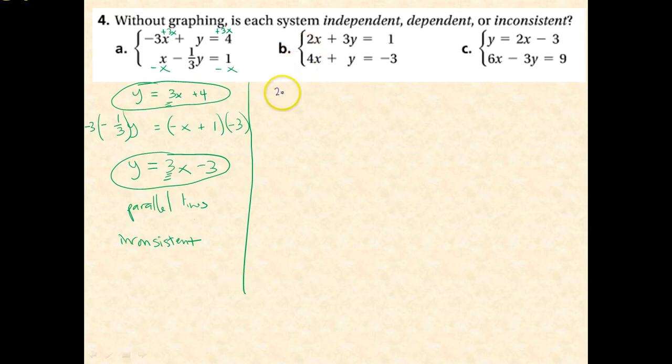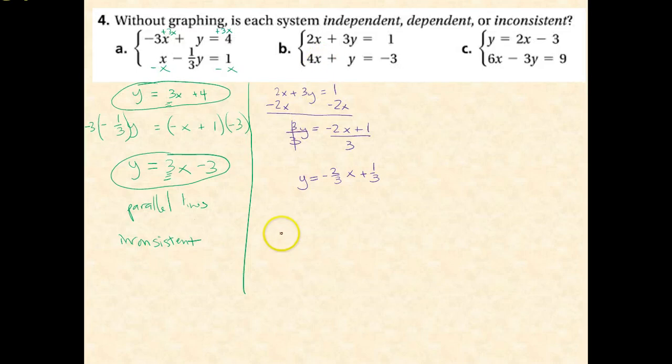Alright, so with 2x plus 3y equals 1, I need to get y by itself. Subtract 2x from both sides, and I get 3y equals negative 2x plus 1. Divide both sides of the equation by 3 to get y by itself, and we get y equals negative 2/3 x plus 1/3.